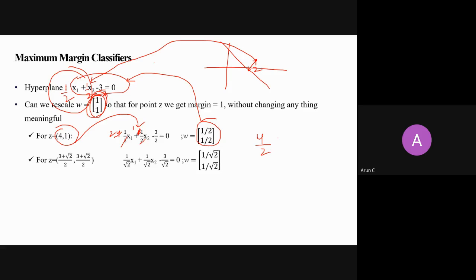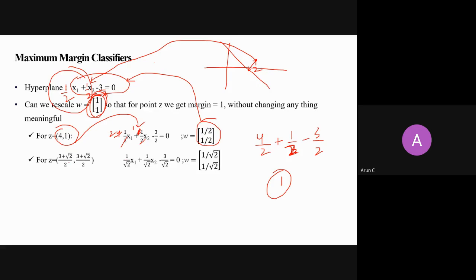So 4 by 2 plus 1 by 2 minus 3 by 2. It is nothing but 5 by 2 minus 3 by 2, which is equal to 1.